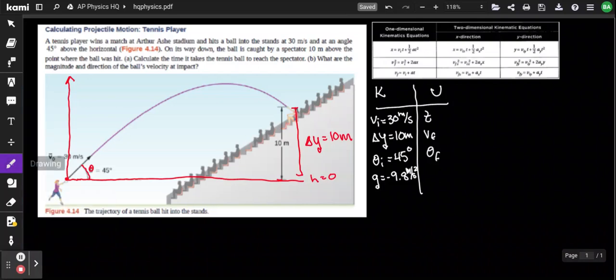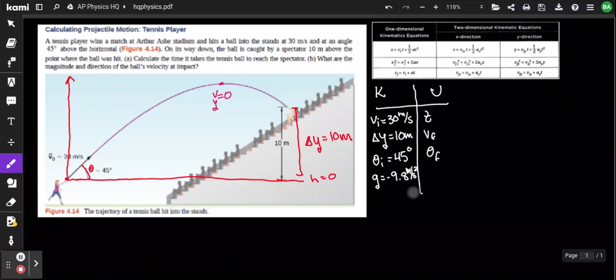So something I wanted for you guys to take a look at is you might think that we can use the same method in order to find time, in which we took right here as zero velocity, the peak of the projectile, and use that to find the total time the ball was in the air. The reason we actually cannot do this is because the ball isn't completing its projectile.